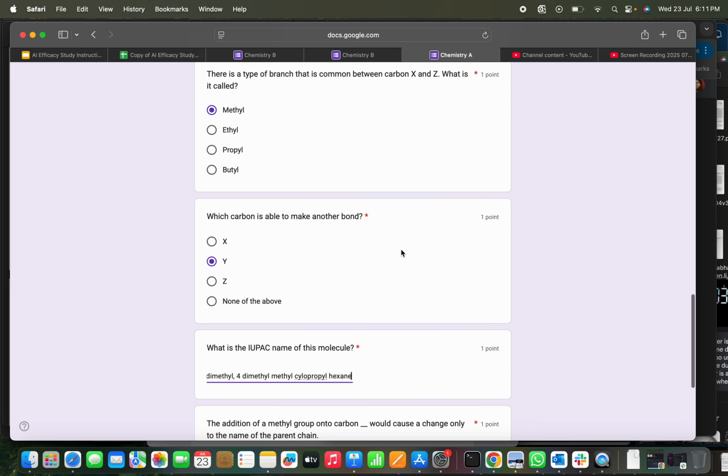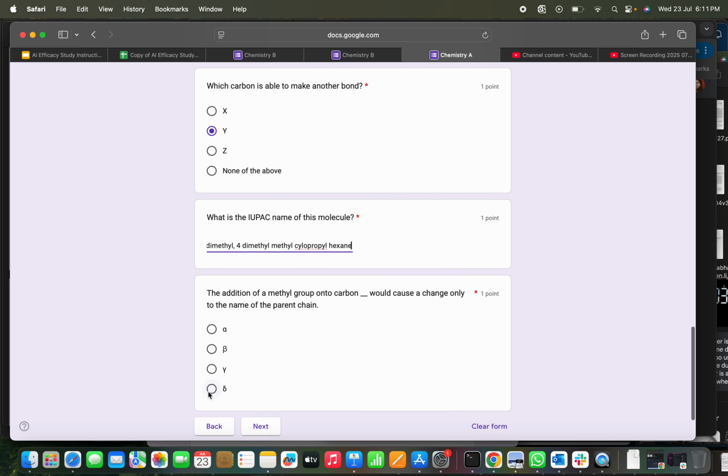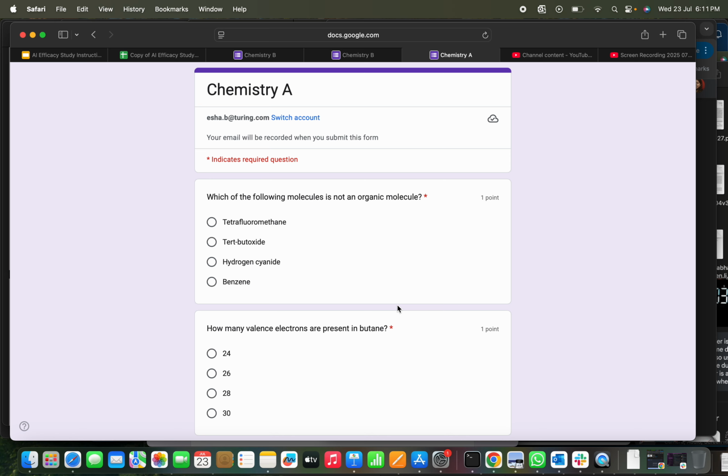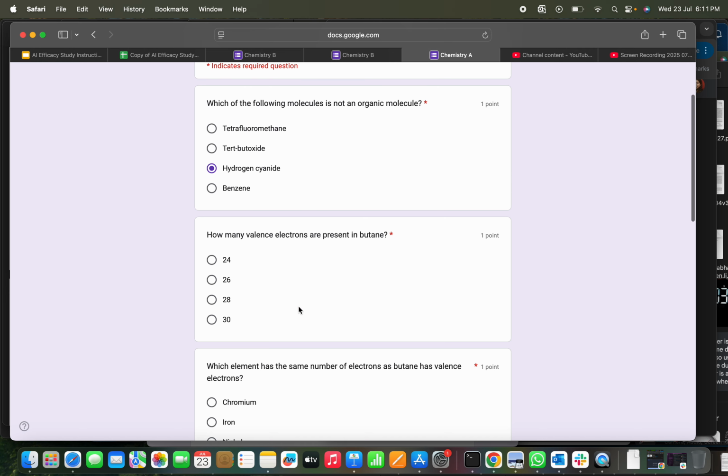So this actually means, I guess, it's highly dependent on where my chain is getting started. Alright, so delta. Which of the following is not... tetrafluoromethane? Doesn't sound. HCN, hydrogen cyanide. That's pretty standard for me.